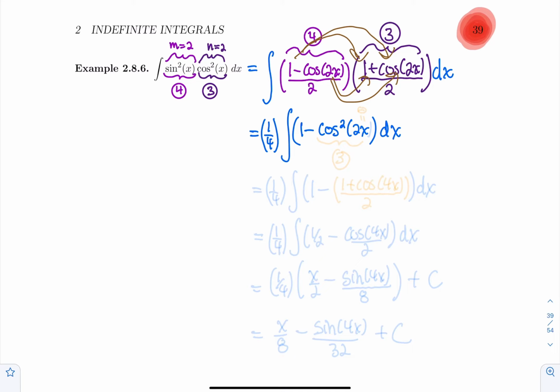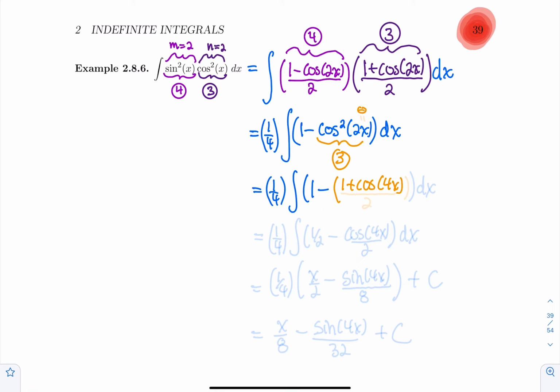But now we're stuck with another even power of cosine. So we need to apply the trig identity 3 again. So now we get 1/4 the integral of 1 minus, open a bracket, just be careful here with brackets, 1 plus cos of 4x. Remember, you're always doubling the inside.